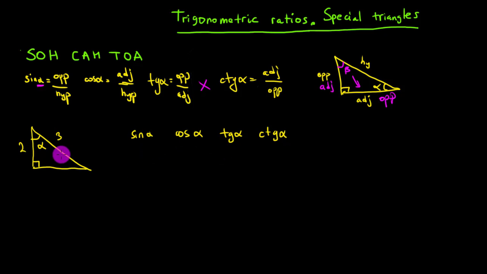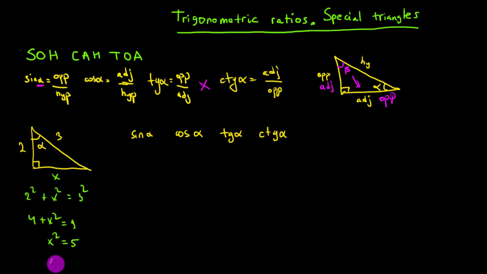To find these, we have to know all the sides, but we don't know this one. This is x, so we can find it using the Pythagoras theorem: 2 squared plus x squared equals 3 squared. Then you have 4 plus x squared equals 9, so x squared equals 5.